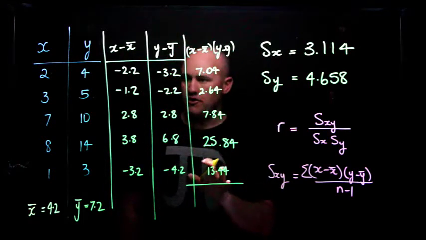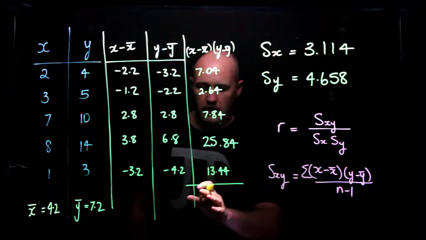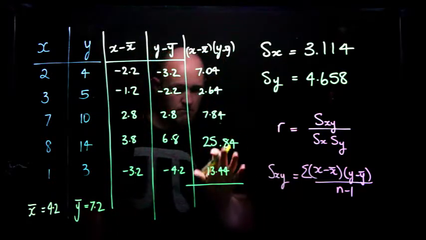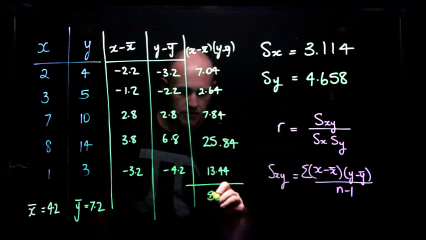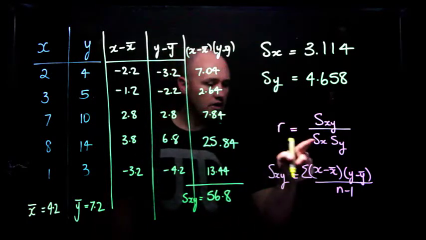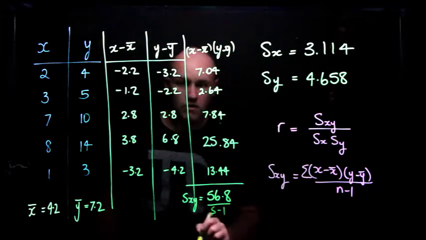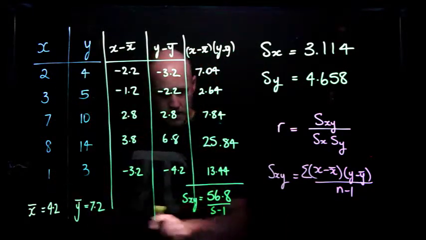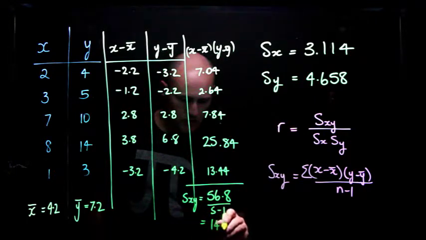Okay, so I've determined my x minus x bar times my y minus y bar, and when I sum these together I get 56.8. So this is my sxy value almost, but the sxy has to be divided by n minus 1, which in this case is 5 minus 1 because there are 5 data points. So I divide that by 4, and it gives me 14.2.